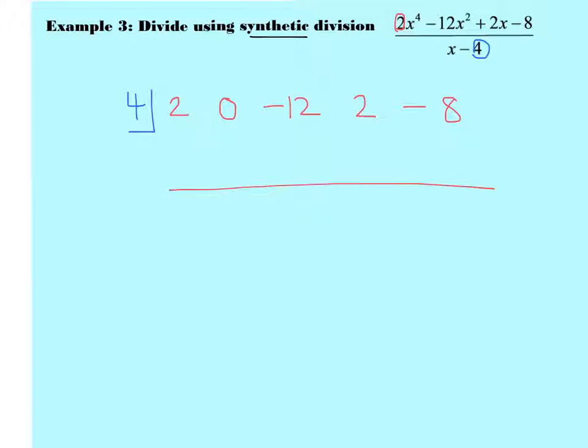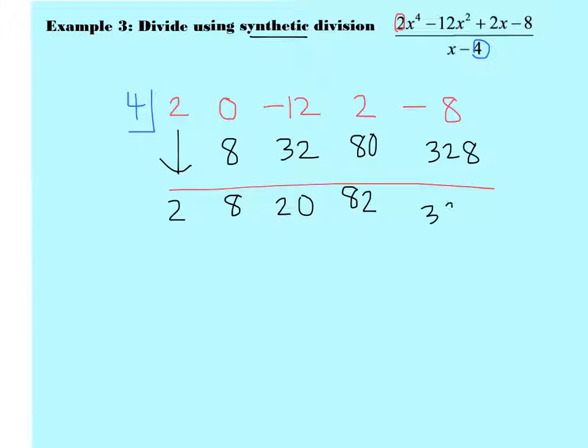Now we can start. Bring down the 2, multiply that with 4 for 8. Add 0 plus 8, that's 8. Multiply the 8 with the 4 again, that's 32. Add those for 20. Multiply with 4 again, get 80. Add those for 82. Multiply with the 4 again and get 328.